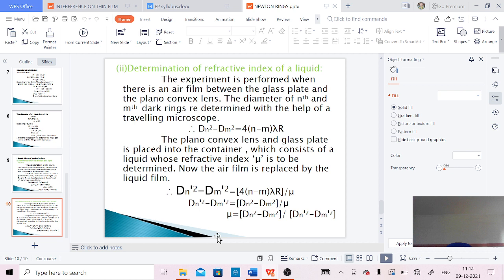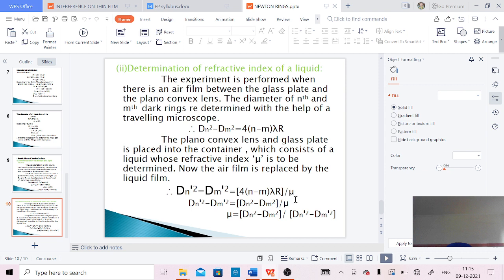Now the air film is replaced by a liquid film. With the glass and air medium we get the air film; when the same experiment is placed in the liquid, the air film is replaced by the liquid film. Now let us see how the equation becomes.